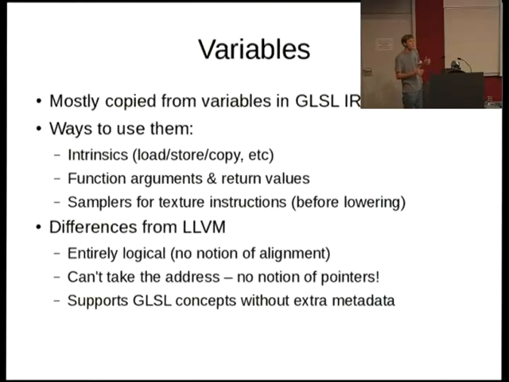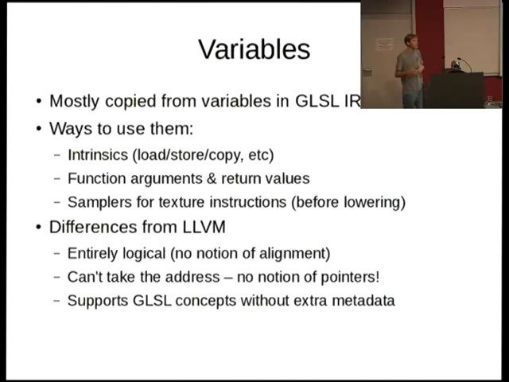So if you have 4 arrays of scalars, you want to pack that into a single vector register. Or you could have a new style scalar backend where you really don't want that. So the alignment is too complicated between this, and we don't want to represent it at the higher level like LLVM does. So our addressing is entirely logical, and that also makes sense because we don't have pointers either. GLSL doesn't have pointers, so we don't have pointers.